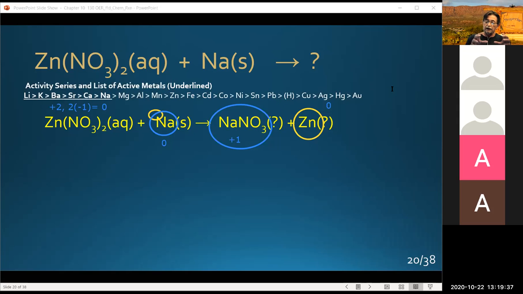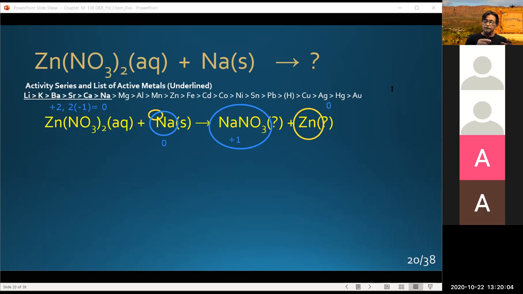Okay, you see how this is working? And so zinc nitrate starts off as a +2 charge because it's a compound, and it goes to a 0 oxidation state. Sodium starts off with a 0 oxidation state and goes to a positive, so it lost the electrons.